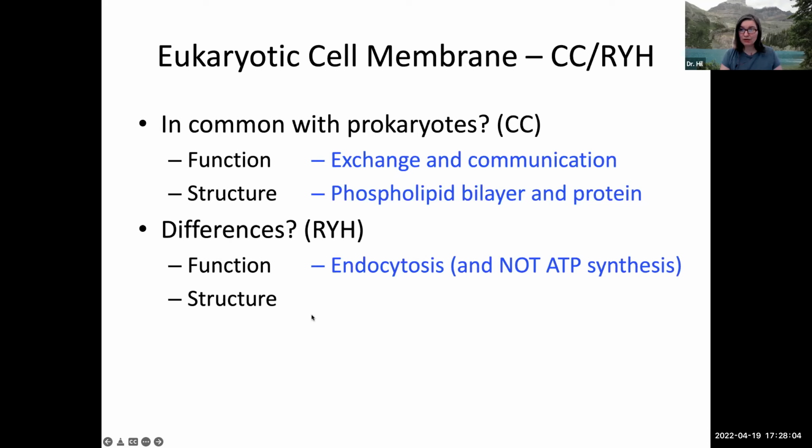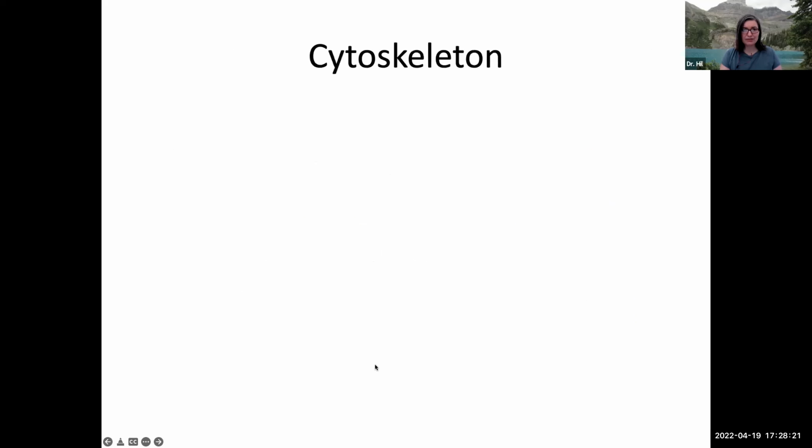Now, structurally, there also are differences, having to do with the presence or absence of steroids. For example, animal cells have cholesterol, fungal cells have ergosterol, and plants have phytosterols. These are not found in bacterial membranes.